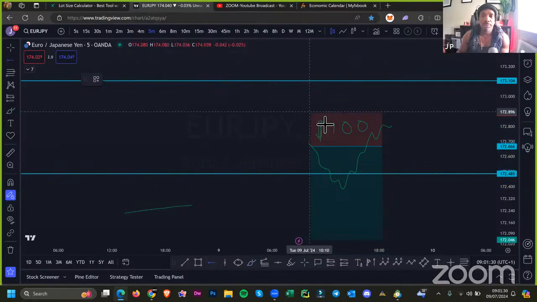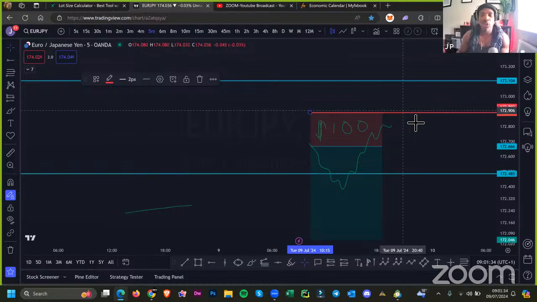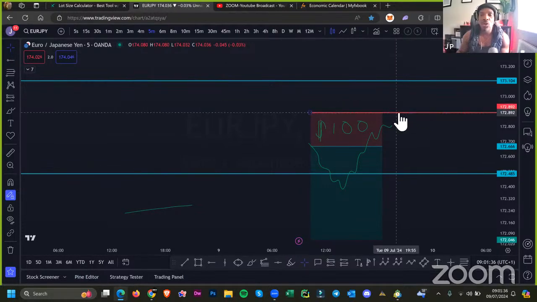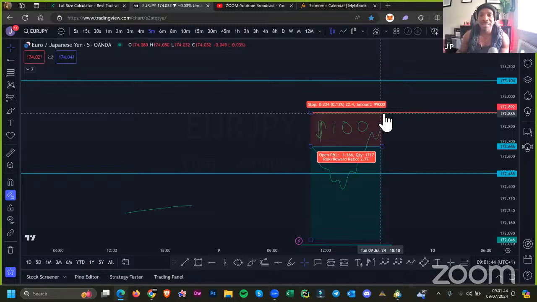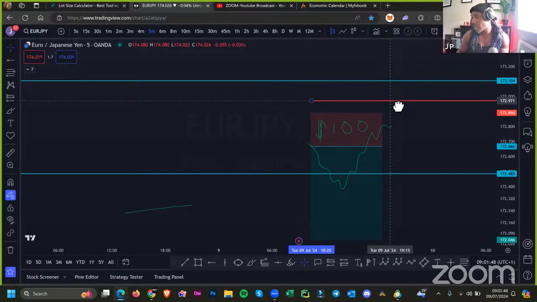This is your stop. Because you want to stay in, because you don't want to get stopped, because you know that this market could turn around up here. Maybe you didn't see something. Maybe you're just scared and you just don't want to get stopped out and take the L. And you do this and move it like this.